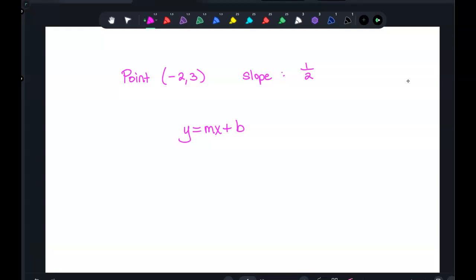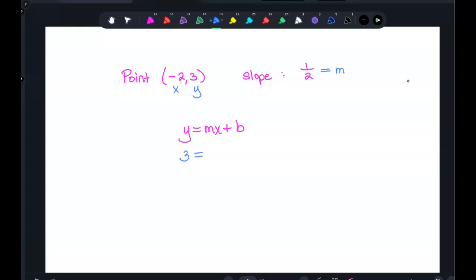Okay, so first we want to identify what is x, what is y, and the slope that is m. Our first goal was to figure out what b was. So I would replace 3 with the y, so y is 3.